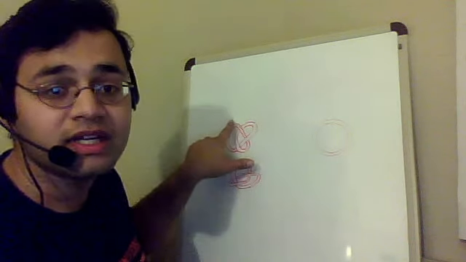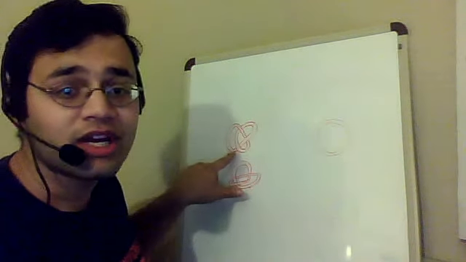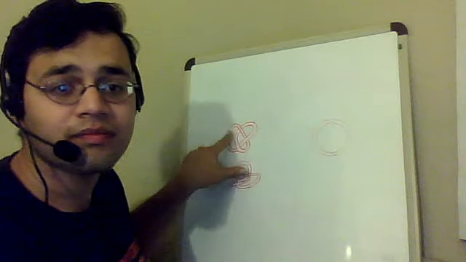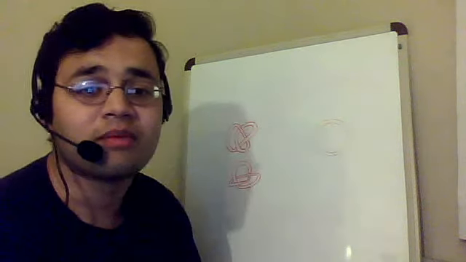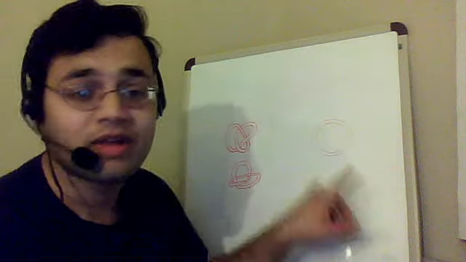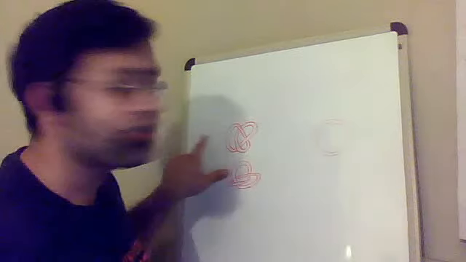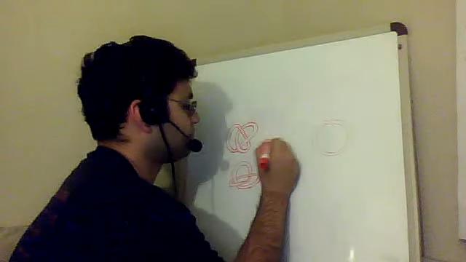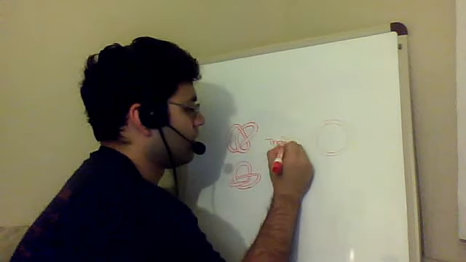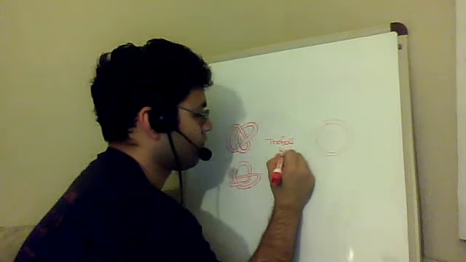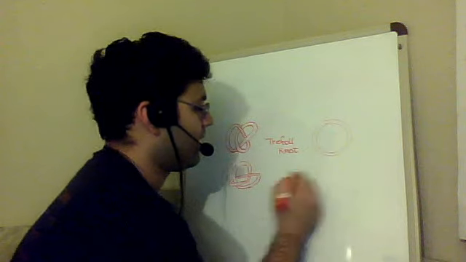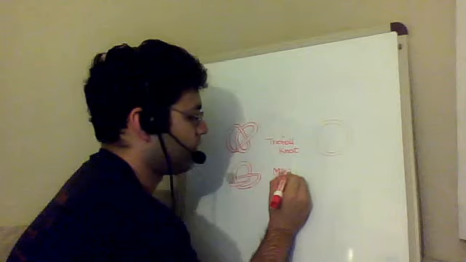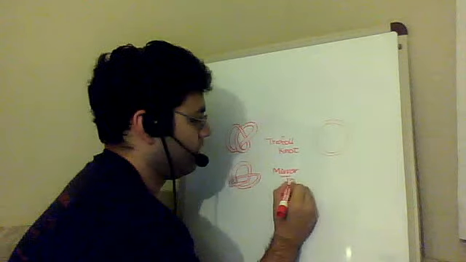You can start anywhere on this knot, and if you traverse your way through this knot like this, you will realize that you have come back and completed the loop. This knot here is called the trefoil knot. And this knot here is called the mirror trefoil knot.